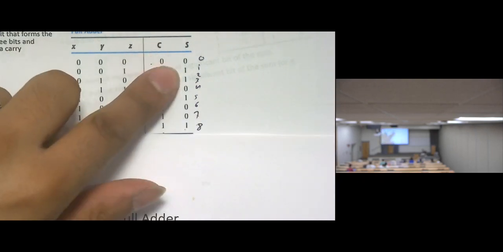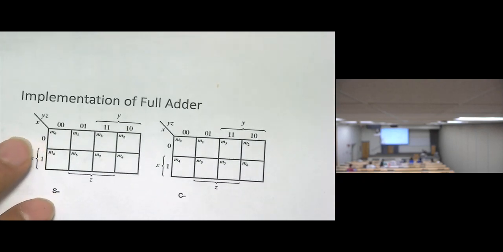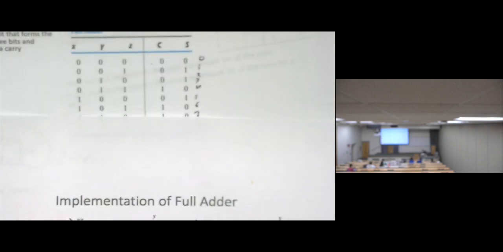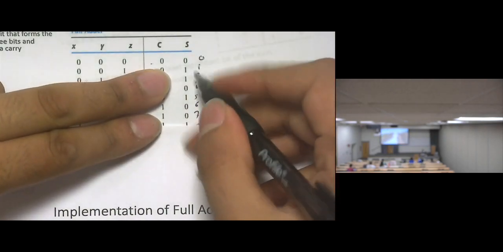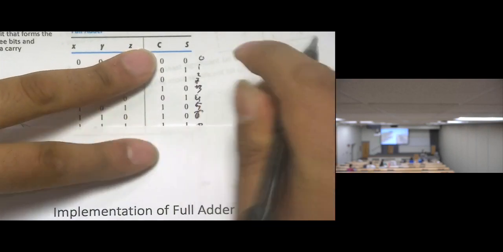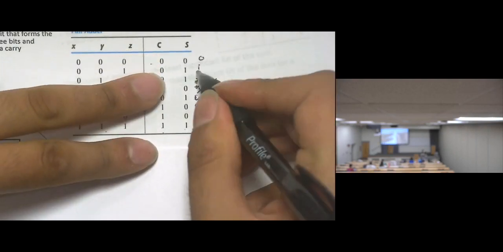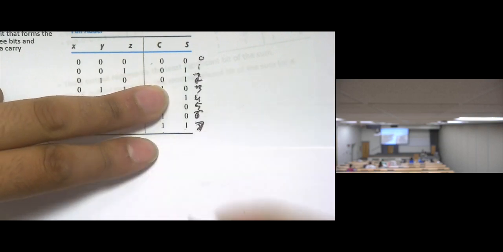For the sum bits, located at 1, 2, I'm sorry, it's 1, 2, 4, 7.